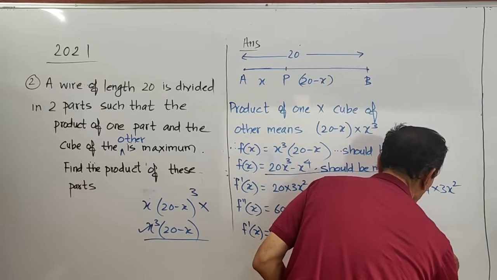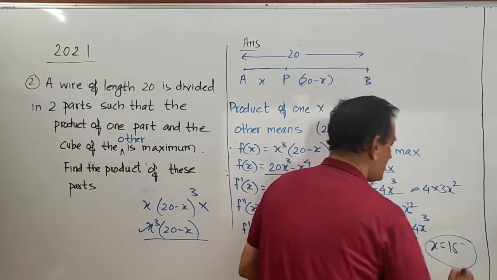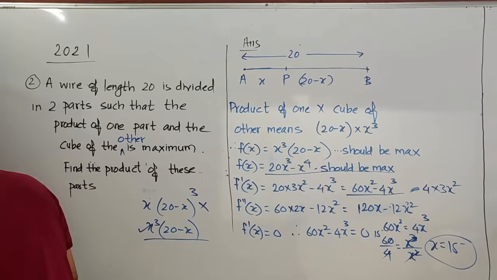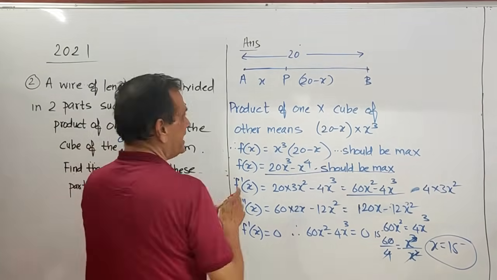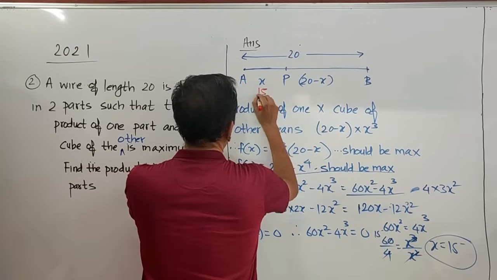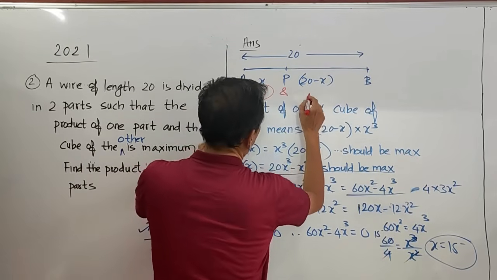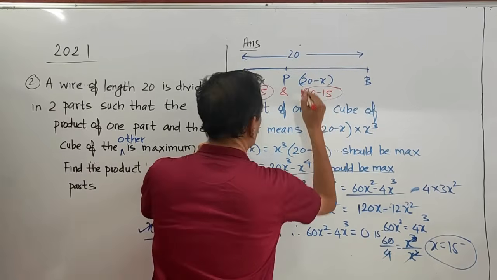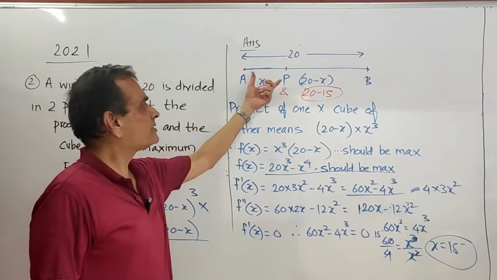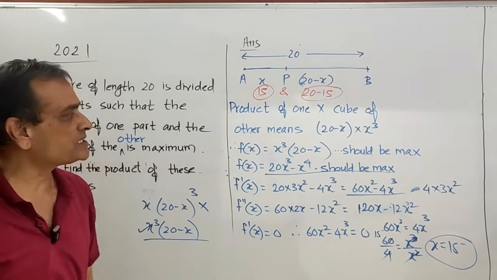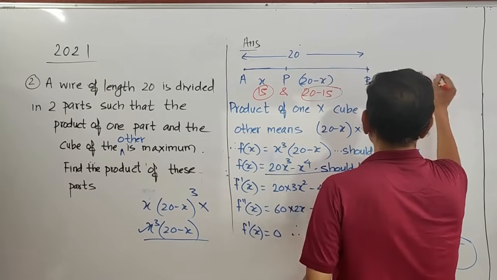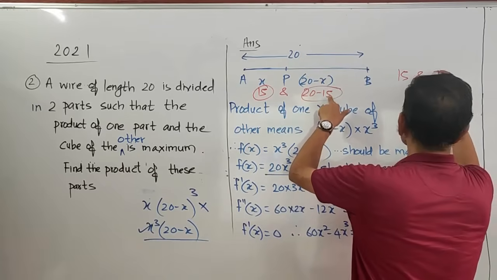So you get x equal to 15. X equal to 15 means, I'll show here now, final answer. X is 15 means one part is 15 and the other part is 20 minus 15, that is 5.